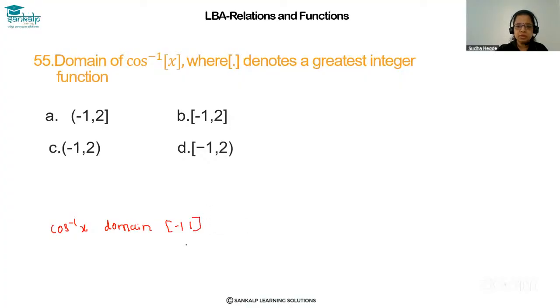That means -1 less than or equal to x less than or equal to 1. Now how do you define the greatest integer in this interval?